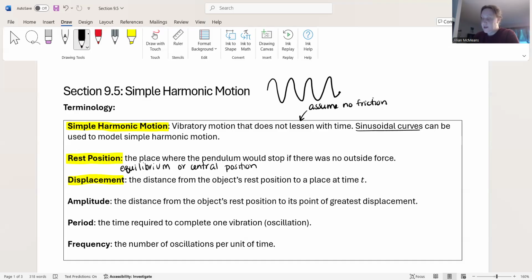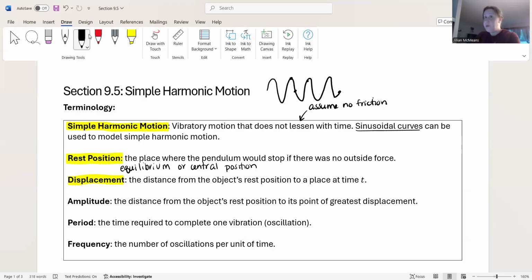Well, let's say this is exactly 7 seconds. How far is this object from rest? What is the displacement? So we could measure the displacement at any given time. The displacement is just the distance from rest at any given time. Maximum distance is going to be the highest it can go or the lowest it can go, depending on which way you're looking.